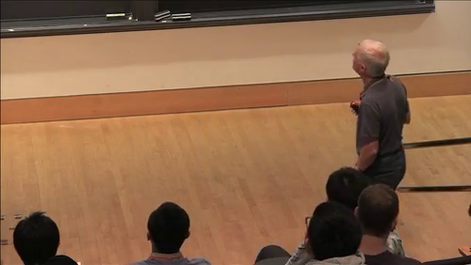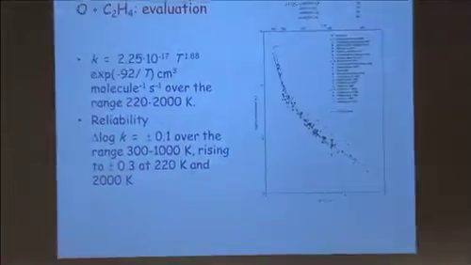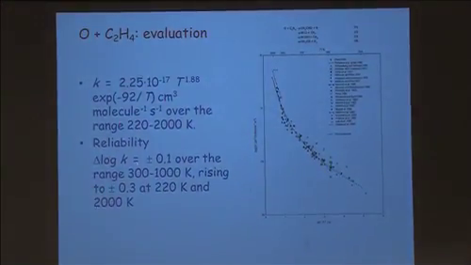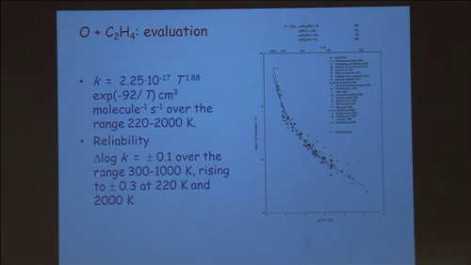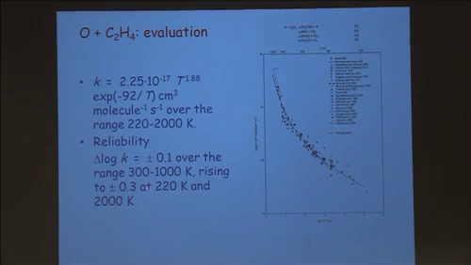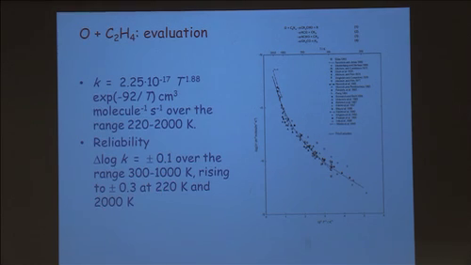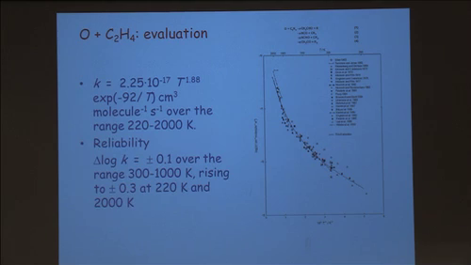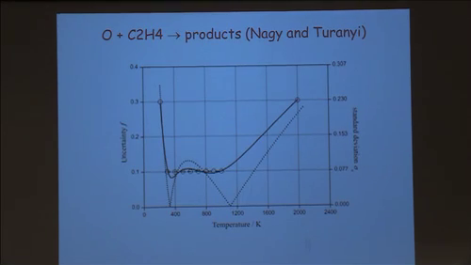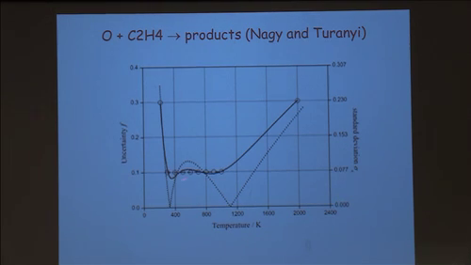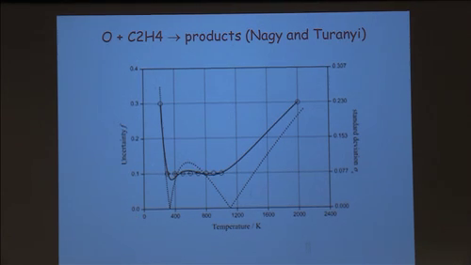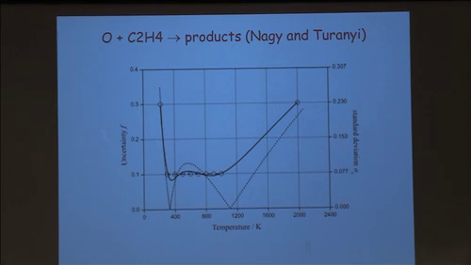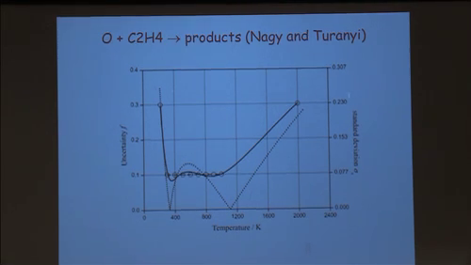So here's O plus C2H4. Here are the recommendations from this evaluation panel with uncertainties of 0.1 from 300 to 1,000 K, rising to 0.3 at 220 K and at 2,000 K. And all Tomasz did at this stage was to simply demonstrate what this means in terms of trying to get some temperature-dependent function for the uncertainty and for the standard deviation.